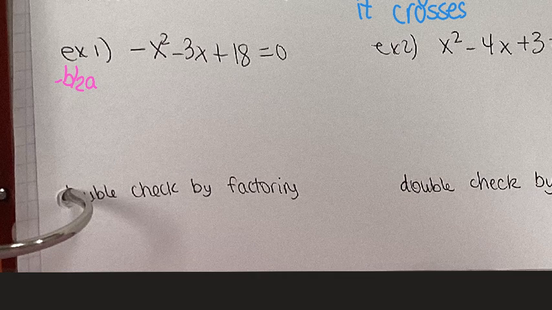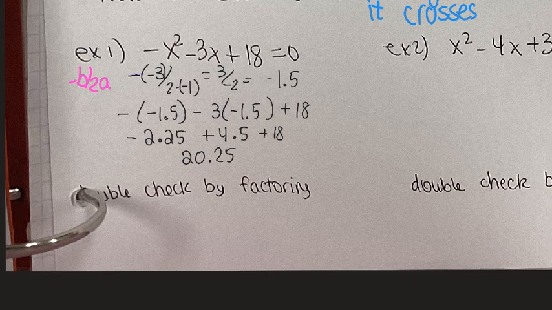I'm going to stick negative 1.5 back in to find my vertex. Pause the video and make sure you can stick it in and get the correct answer. All right, when I did that, I got positive 20.25. So my vertex is at negative 1.5, 20.25. It's time to take out some graph paper and graph this.